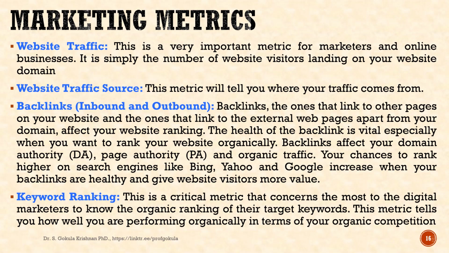The next thing is keyword ranking, the critical metric that concerns digital marketers most, to know the organic ranking of their target keywords. The metric will tell you how well you are performing organically in terms of your organic competition. We used to say SEO, search engine optimization, with the keywords.